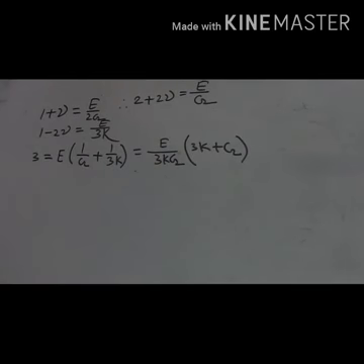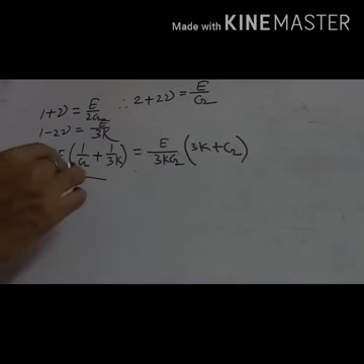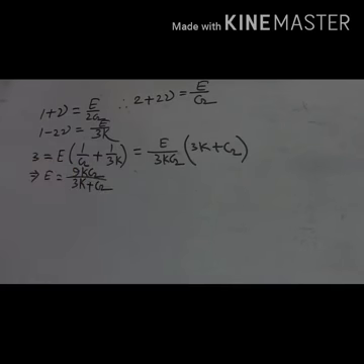So from this equation, if we simplify further, E is equal to 9KG divided by (3K plus G).